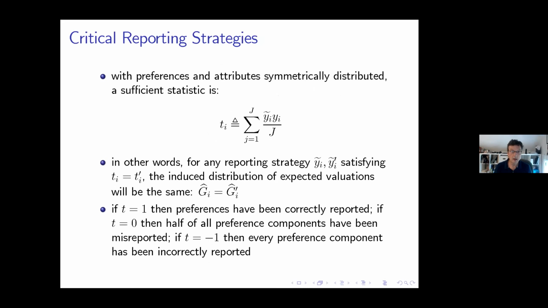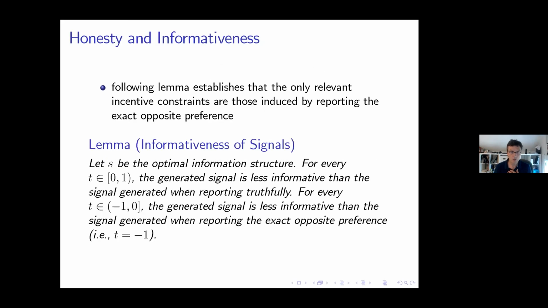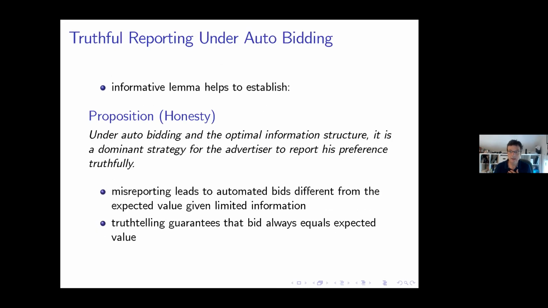And the result that we want to establish in the end is that under auto bidding, and given the optimal information structure we're heading towards, it is a dominant strategy for the advertiser to report his preference truthfully. So this result is targeting immediately the optimal information structure.